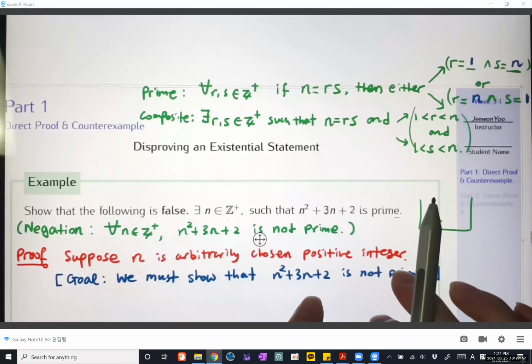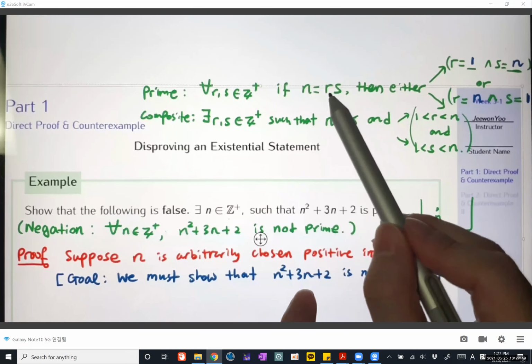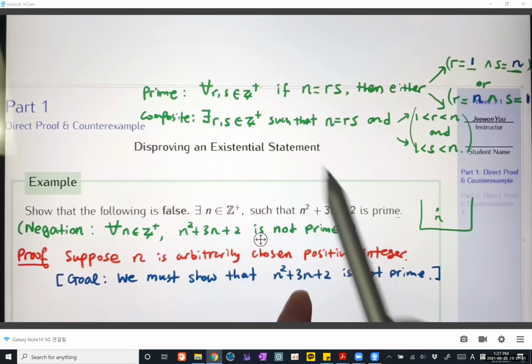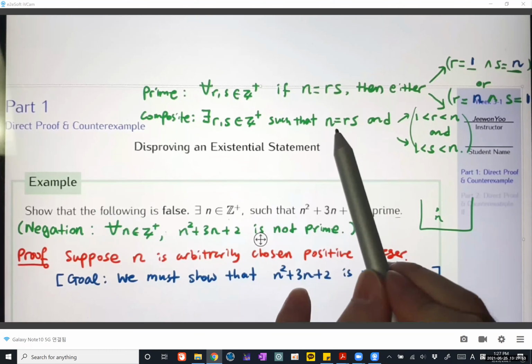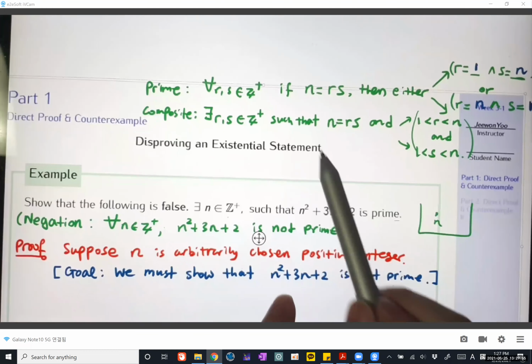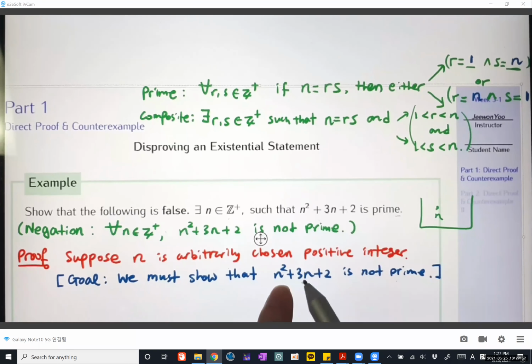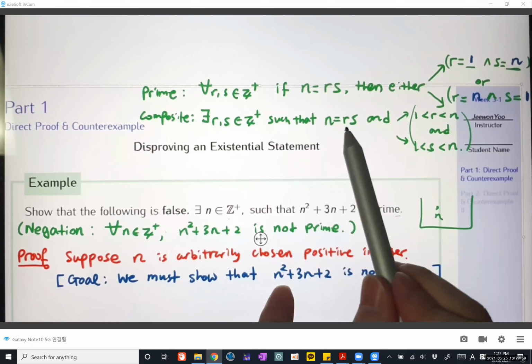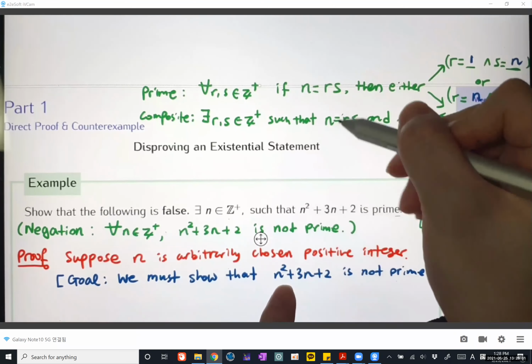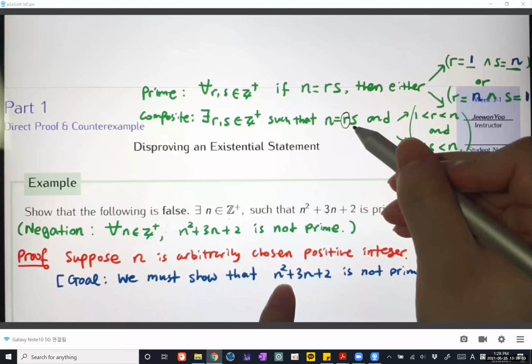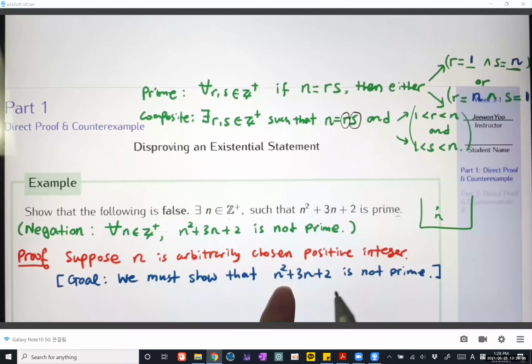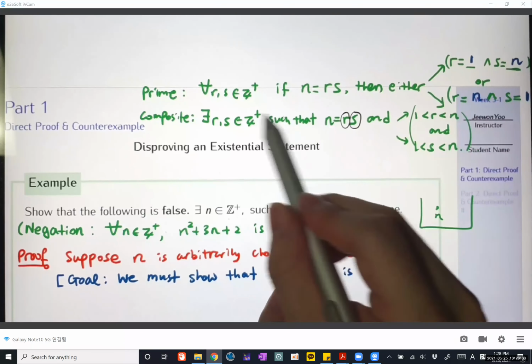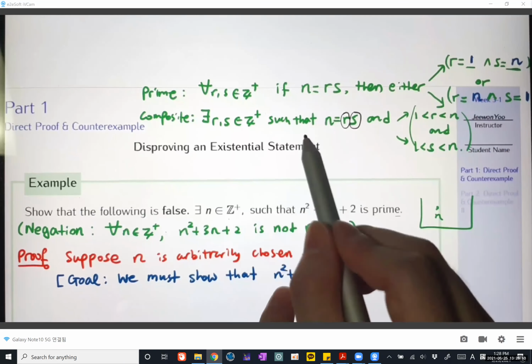Then, look, one way or the other, okay? Don't you have a feeling that this number, n squared plus 3n plus 2, must be written as something like r times s in order to prove that it is composite?